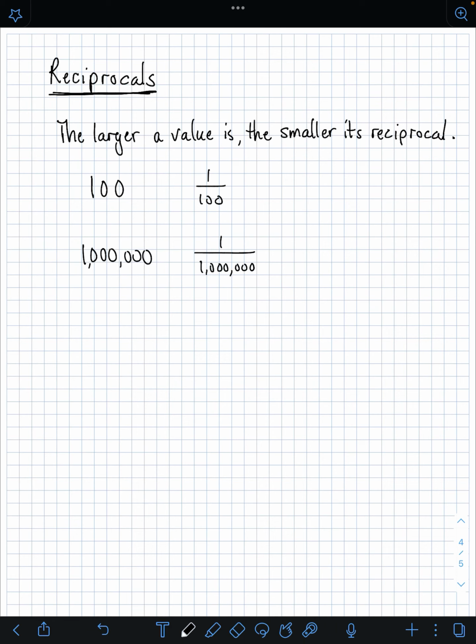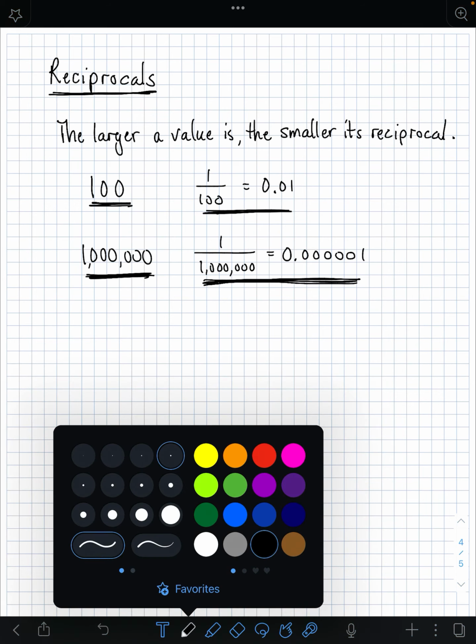Now, in case it's not clear there, the decimal forms of these are as follows. You can see that the larger the original value, the smaller its reciprocal is. As it gets even bigger, its reciprocal gets even smaller. But this relationship is bidirectional.